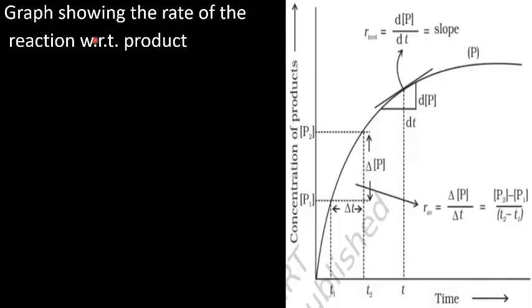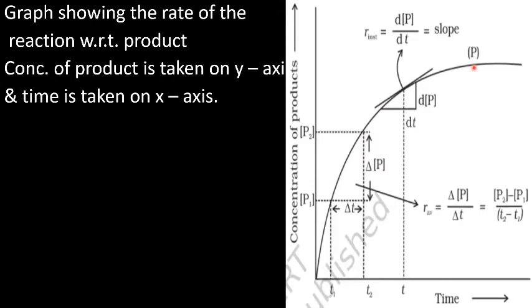Now let us see the graph showing the rate of reaction with respect to product. Here the product is at 0 concentration at time 0. As time goes on, the concentration increases and it reaches a maximum level.